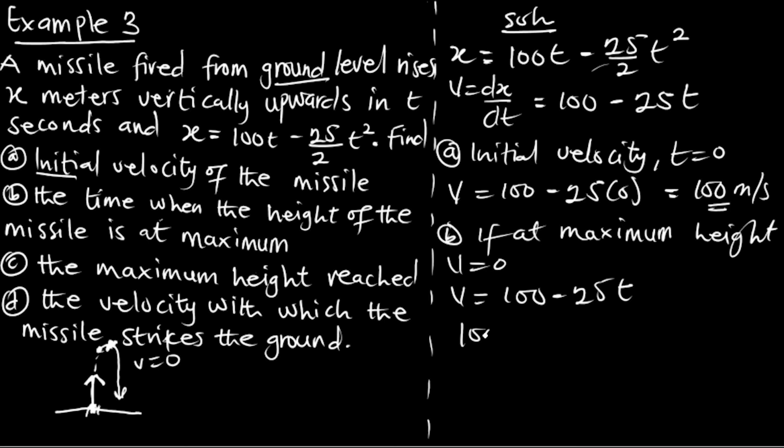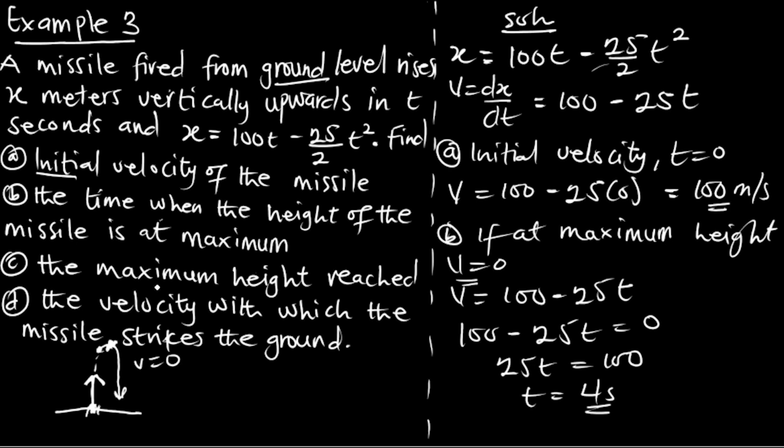We are going to get 25 t equal to 100. Are we good? And our t is now going to be 100 on 25, and we are getting 4 seconds. So the time when the height of the missile is at maximum is 4 seconds. Just know that at the maximum height, velocity is 0.